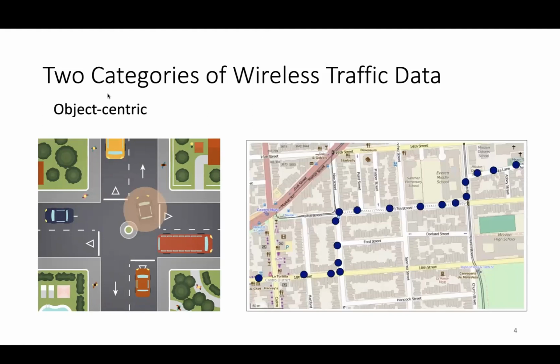Because of the different characteristics of the collection devices, the data collected from them are a bit different. A GPS trajectory is a sequence of points. Usually they are very dense, as you can see in this picture, where the blue dots are the GPS readings.